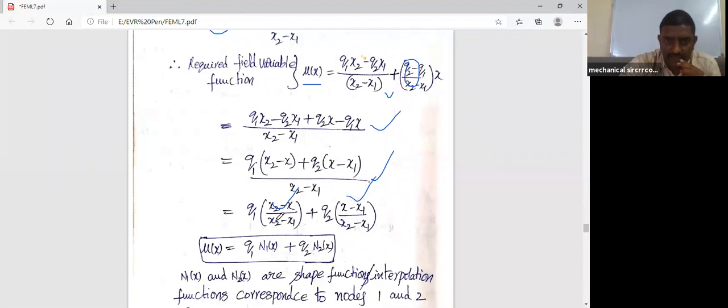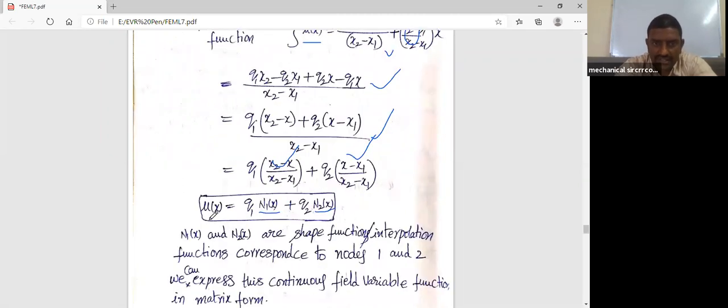So x2 minus x by x2 minus x1, this shape function belongs to node 1 on the element, and this shape function belongs to node 2. So n1 of x belongs to node 1, n2 of x belongs to node 2. Therefore, u of x is equal to q1 n1 plus q2 n2.